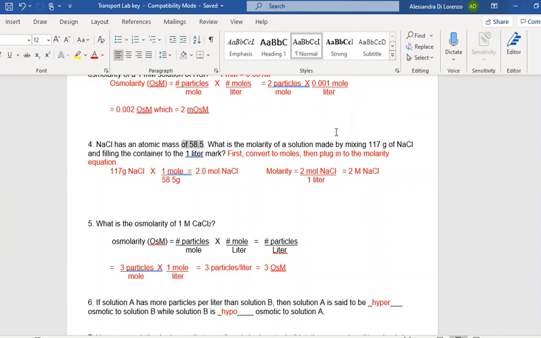And so what you have to consider here is that the number of moles is given by dividing the total weight that you have by the atomic mass.